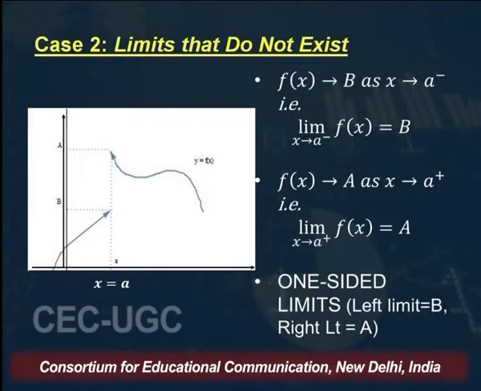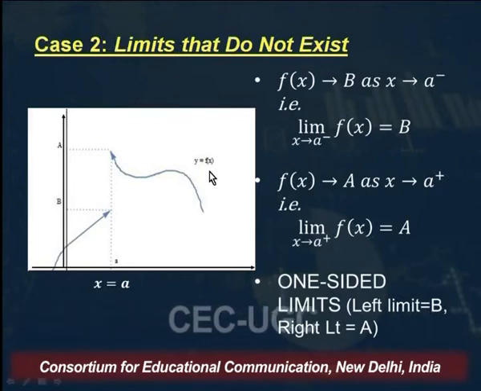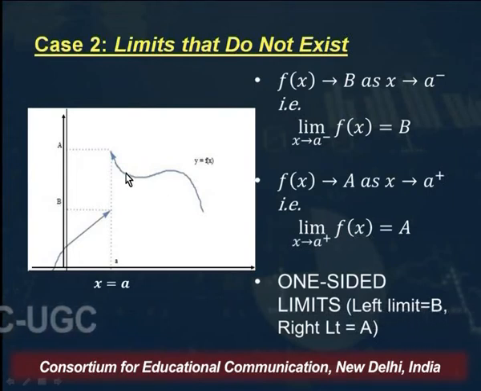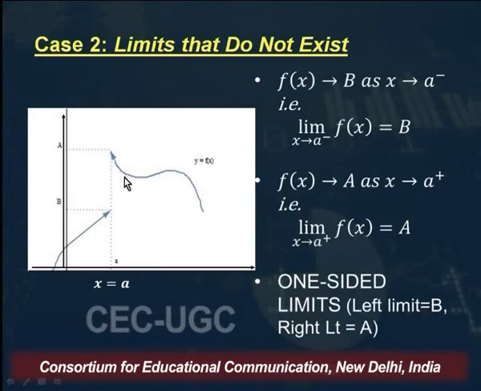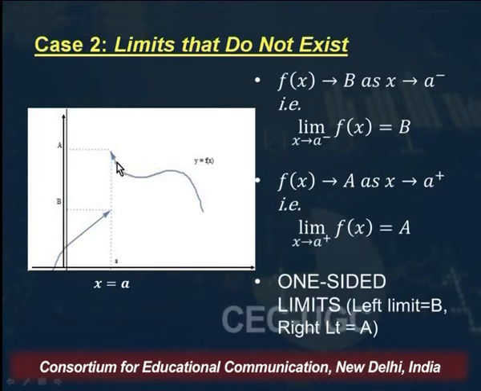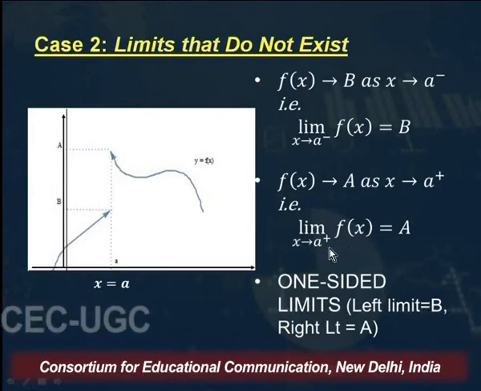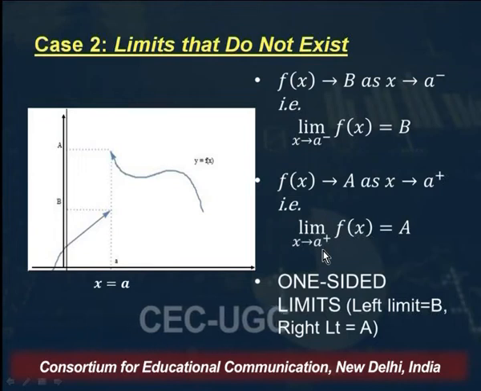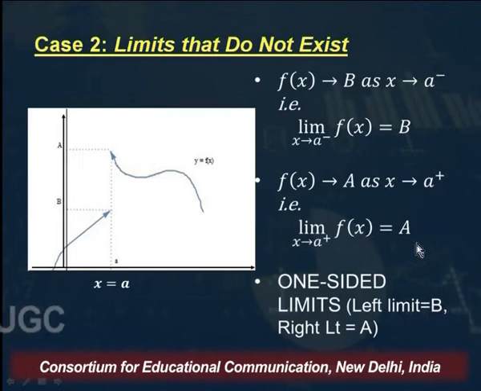Similarly, if you approach a from the right, from values of x larger than a, then the function approaches the number capital A. So this is the right side limit, the limit of f of x as x approaches a from values larger than a.